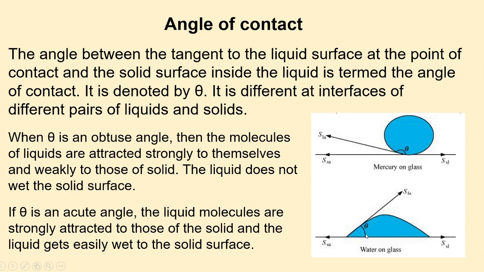You can see this angle is less than 90 degrees, that is, an acute angle. So that means the liquid molecules are strongly attracted to the molecules of the solid, and the liquid easily wets the solid surface. Okay, this is what happens with water or kerosene on glass or plastic or any other surface.